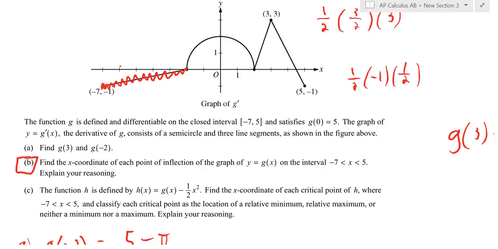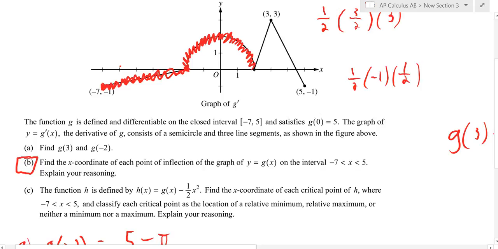Okay, it's positive. It's positive because g double prime is the slope of this graph. Okay? So if they give you g prime, which they do a lot of times, and they say, where are the points of inflection of g? Well, basically you just need g prime to go up then down, or down then up. You need the second derivative to change sign. So look, the second derivative is positive here, and then it's positive here, we're still going up, and then all of a sudden, oh my god, it's negative.